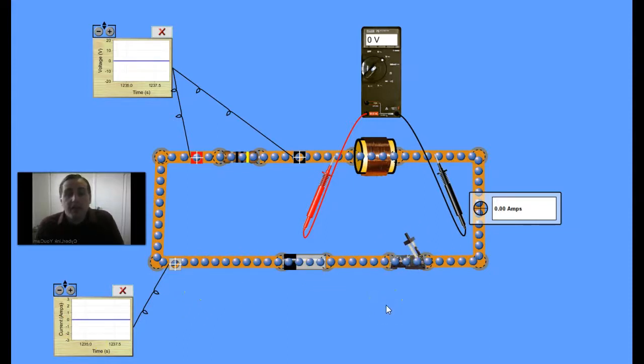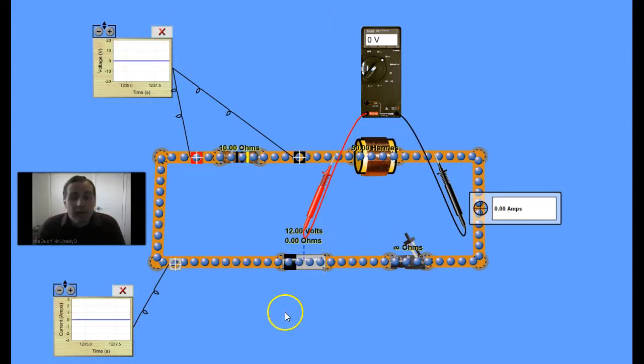Now, by the way, this we call an LR circuit. That is inductor and resistor. Notice that we're going to have an inductor, which is often given the symbol L for inductance, and a resistor, which is often given the symbol R. And this is a voltage source.